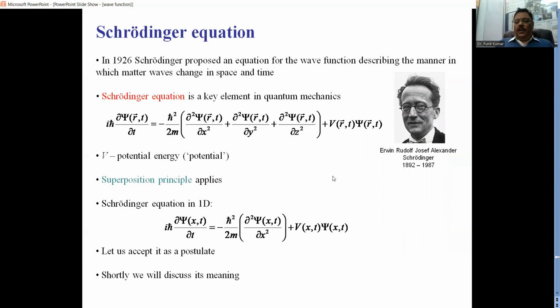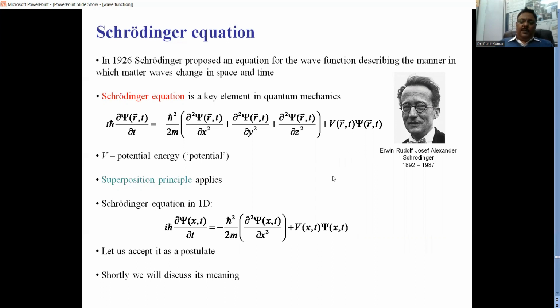Afterwards, in 1926, Schrödinger proposed an equation for the wave function. That is considered to be the equation of motion through which the matter waves change in space and time, and this equation is a key element in quantum mechanics.